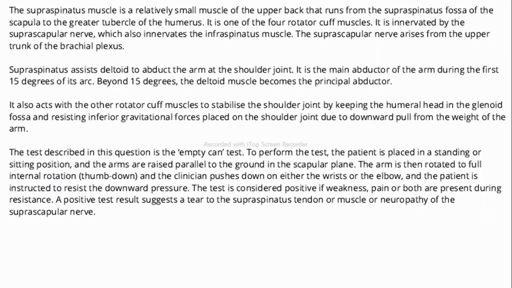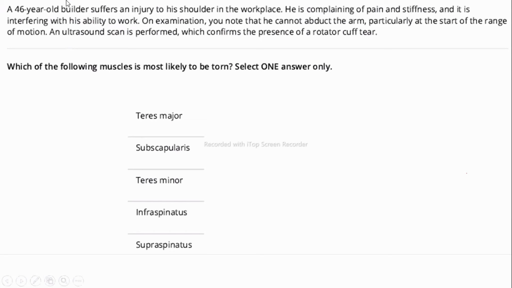A 46-year-old builder suffers injury to his shoulder, complaining of pain and stiffness, interfering with his ability to work, cannot abduct the arm, particularly at the start of the range of motion. An ultrasound scan is performed, confirming the presence of a rotator cuff tear.